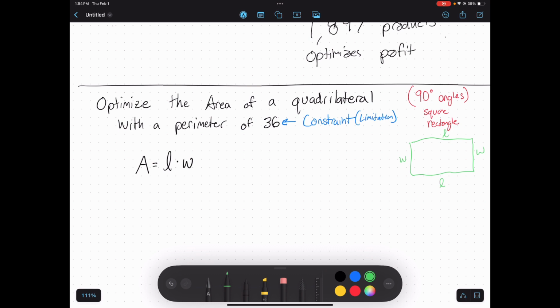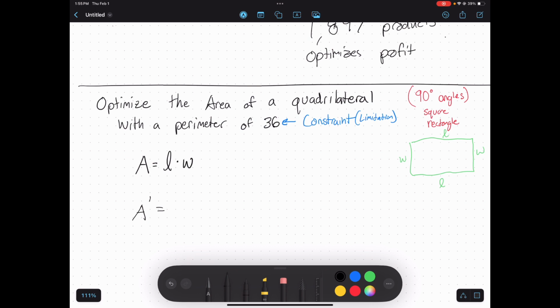So now, like we said, I'm going to want to take the derivative of this and set it equal to 0. But I run into a problem. This function is in terms of two variables. How do I take the derivative then? Which variable do I choose to take the derivative of? And if I pick, okay, let's take the derivative in terms of width, what do I do with the length variable? So I have two unknowns.